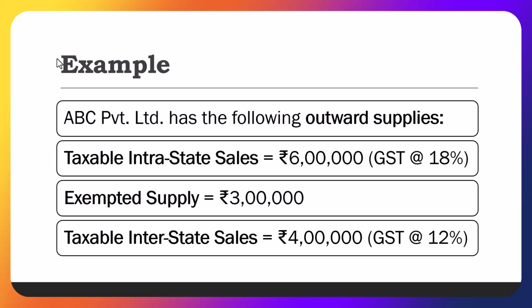I'm saying that this sale has been given to you, total output supplies, and we know 6 lakhs is taxable, 3 lakhs is exempted, 4 lakhs is again taxable. So how much portion of the ITC needs to be reversed? I'm asking this question. So since we know the GST of each respective one, we calculate 18% of 6 and 12% of 4, and the sum of that, we calculate the difference with the exempted supply, and that difference is the tax that we'll have to pay.